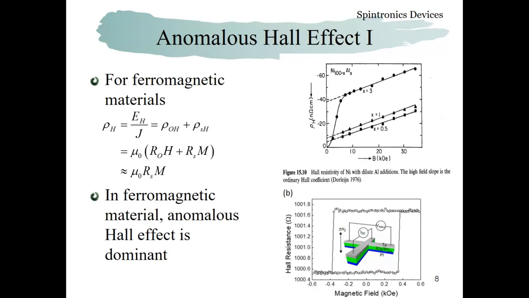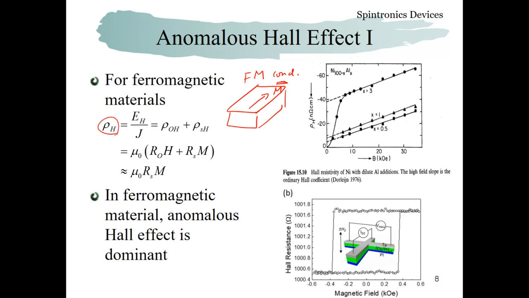In a ferromagnetic material, we have a magnetic moment inside of our samples without any external magnetic field. For example, if we have an electron inside of the ferromagnetic conductor, then it feels some kind of internal field because of the magnetic moment.